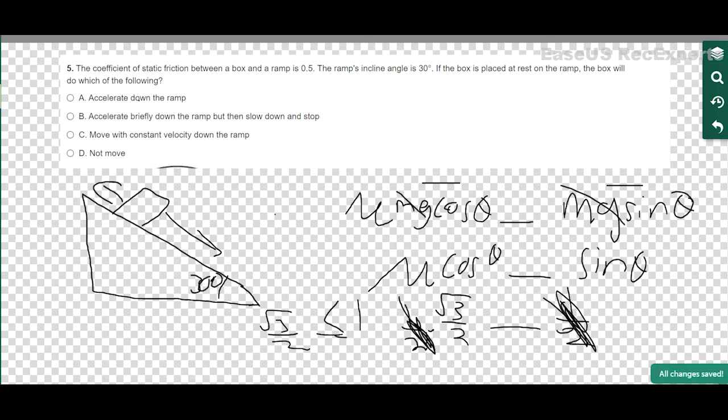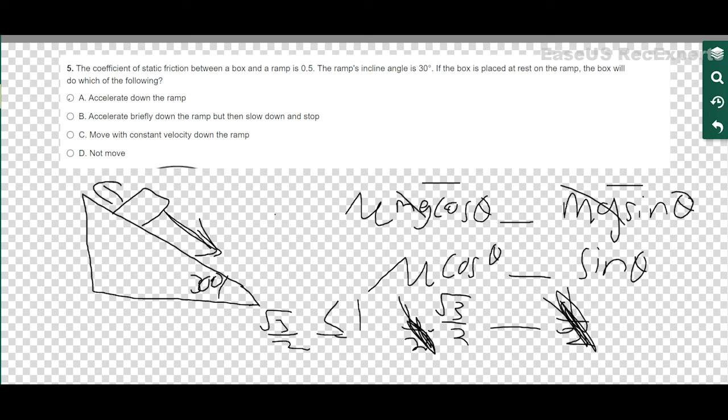So now we know that because your downward force, your gravity, exceeds the maximum amount of static friction possible. Now, if that happens, you turn into kinetic friction, and that's another entire concept.